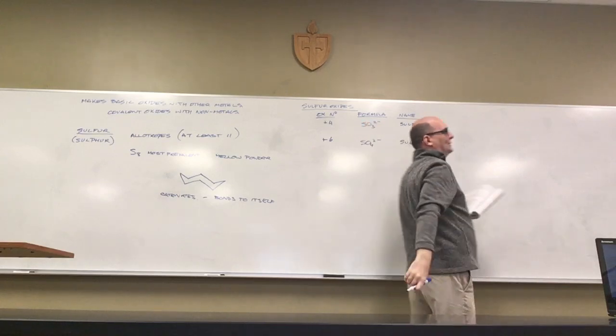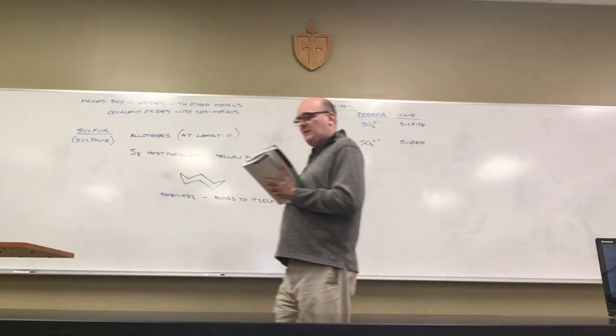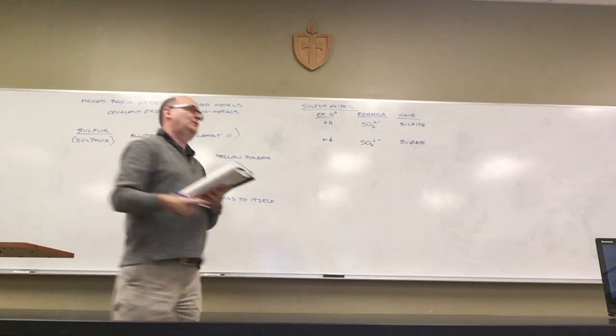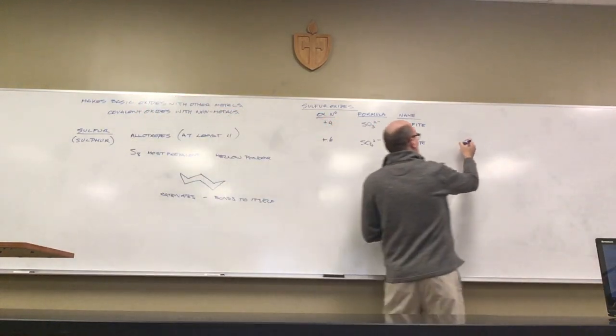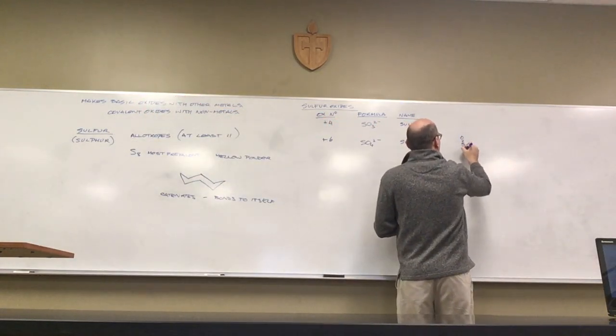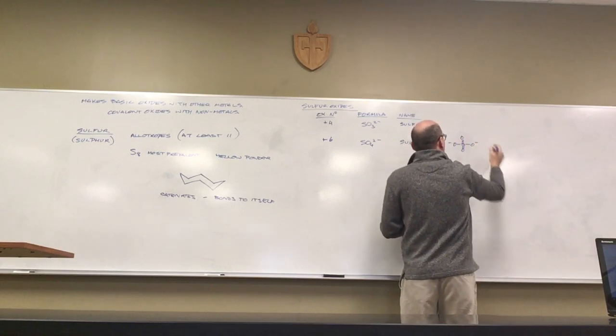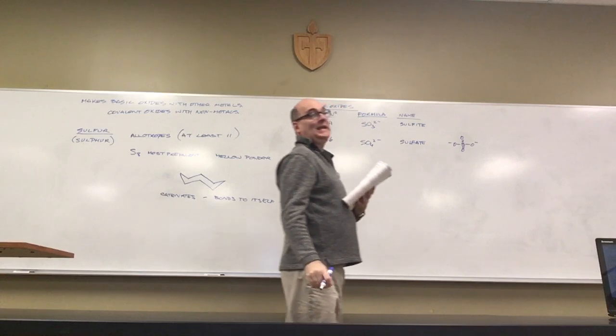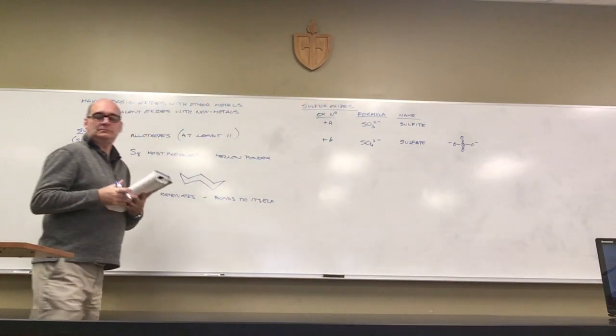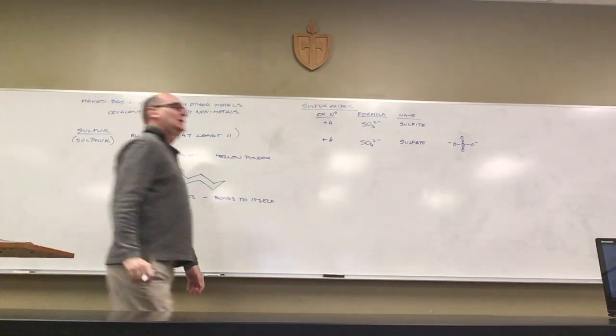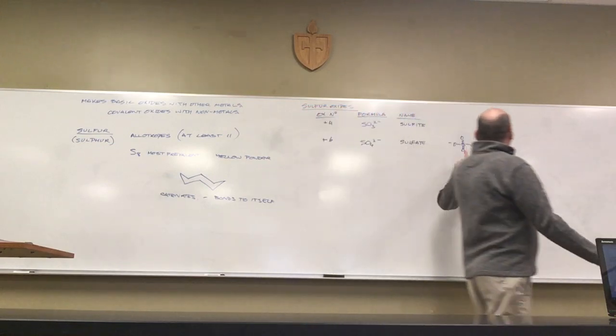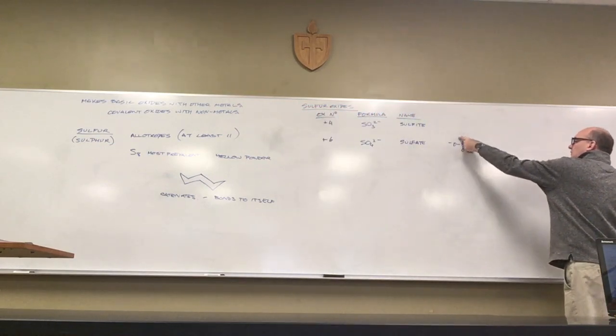We learn sulfate, SO4 2 minus. You have to learn how to write SO4 2 minus. You may even have to draw the Lewis structure. The Lewis structure will eventually reveal to you an oxygen with 2 bonds, an oxygen with 2 bonds.